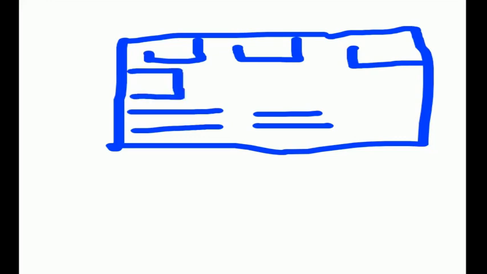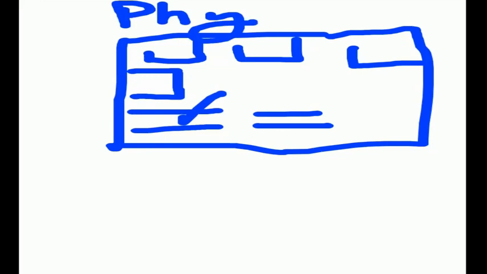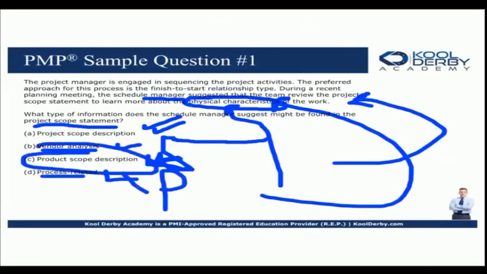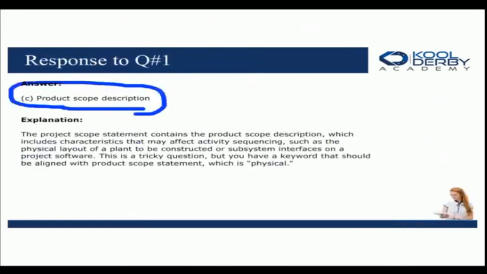And these are the runways. So these are the physical characteristics. The physical characteristics are associated with product. Don't forget that very important question. Physical characteristics. All right. You have to kind of know that because it gives the answer away.